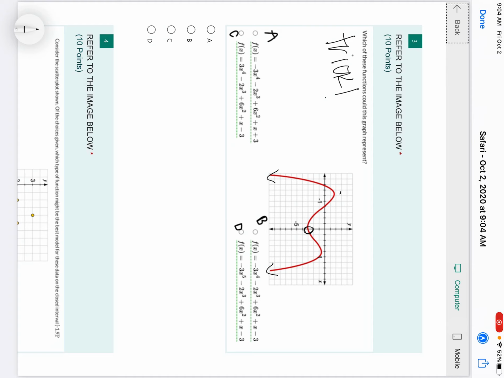You can look at your max and min values as well. Remember, to find the degree, it equals 1 more than the number of max and min values. Okay?